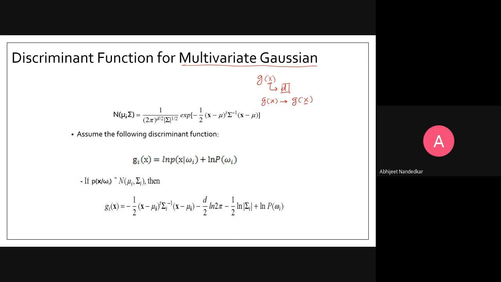So when x is multi-dimensional, we are using a normal distribution, or we are assuming that our data is normally distributed for all classes.